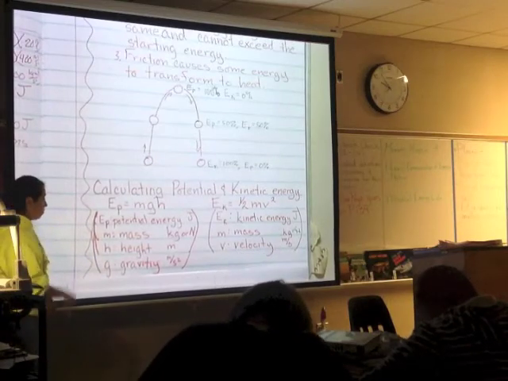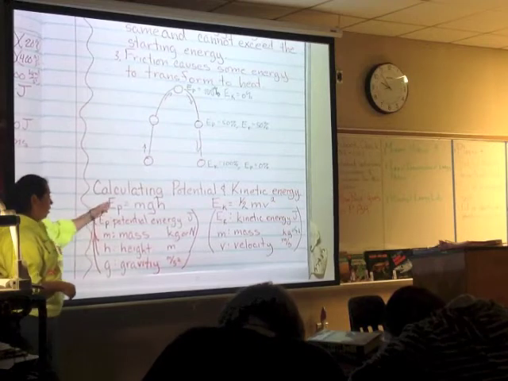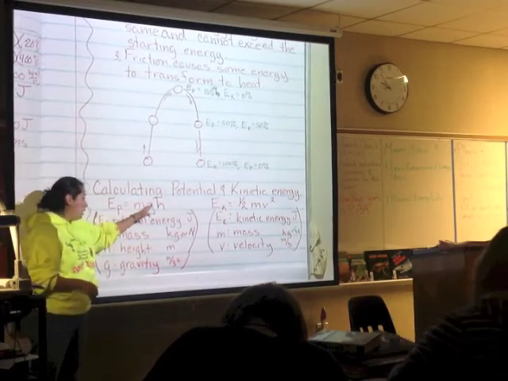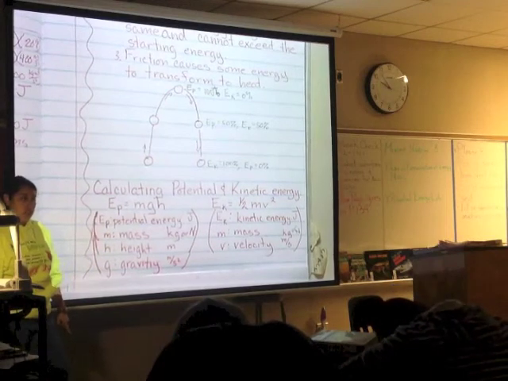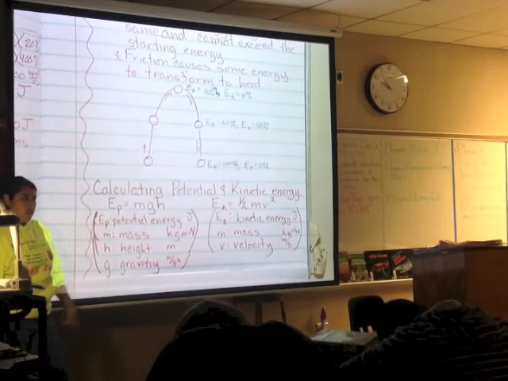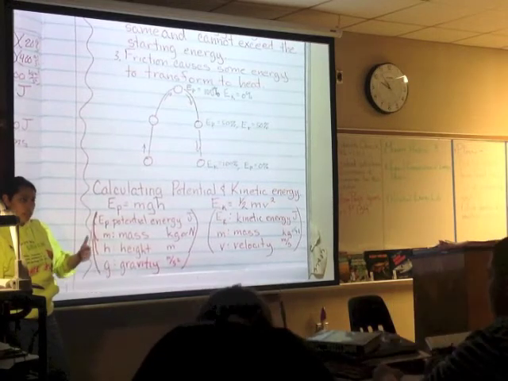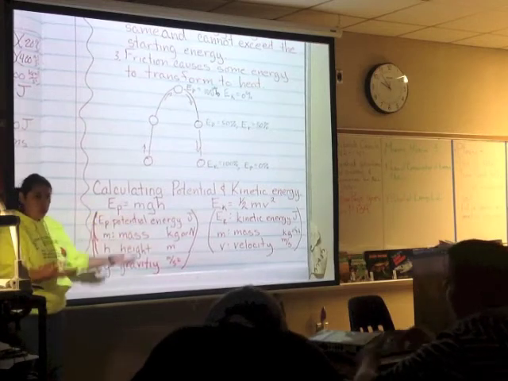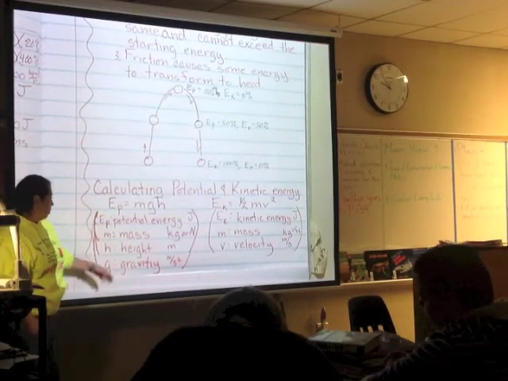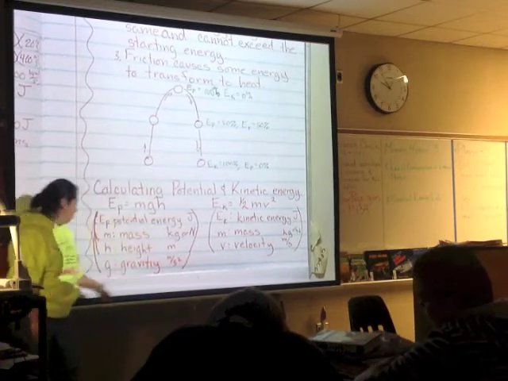Okay? Alright. When we do potential energy, the formula is potential energy equals mass times gravity times the height. Guess what? You already did that in your lab. Didn't you do gravitational potential energy and do that calculation? You already used this formula. Very easy formula. You multiply 3 numbers and it gives it to you. EP is potential energy. The unit will always be joules.